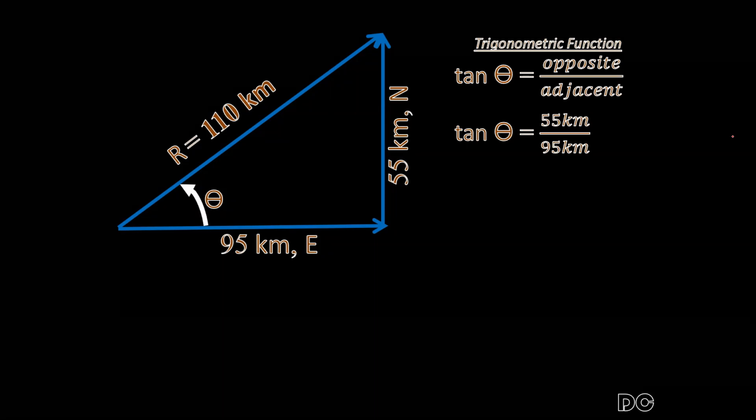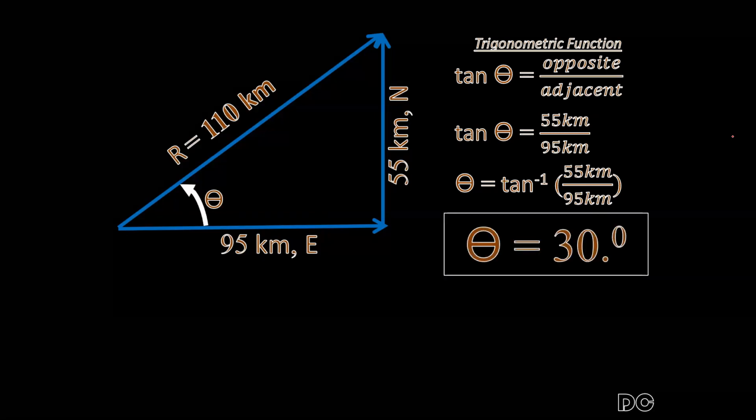So from theta, gawin natin siyang arctan. Since we transpose, sir, paano gawin si tan? Si arctan. To get the arctan, just click shift, then tangent, and then 55 divided by 95, and that is equivalent to theta is equal to 30 point degree.